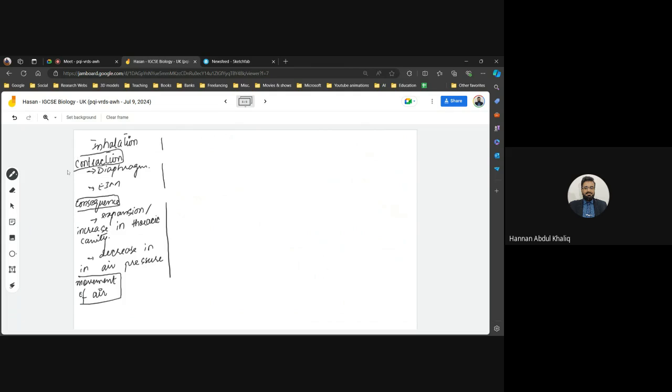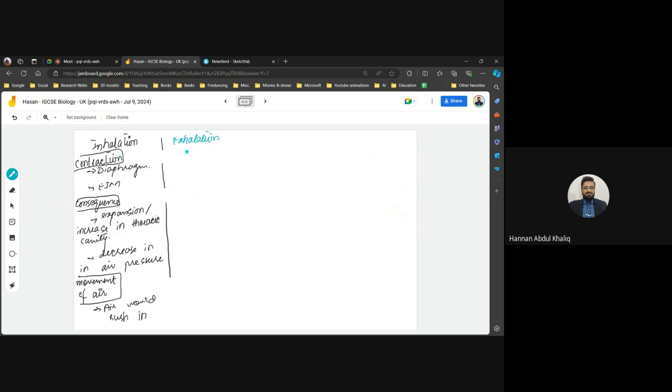Like you can draw in this pattern, and air would rush in. Then during exhalation, you can write exact opposites. Now for the diaphragm, you have told the contraction.